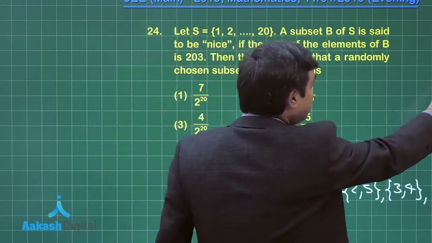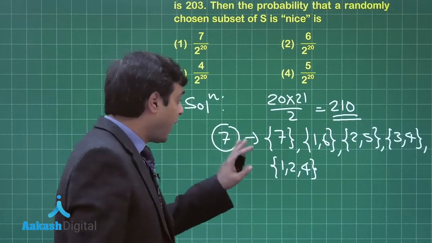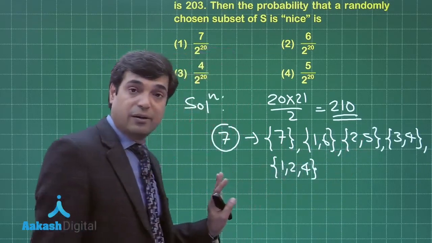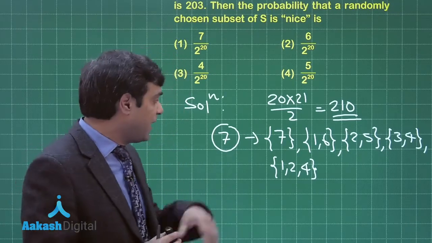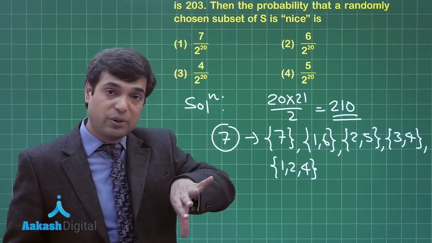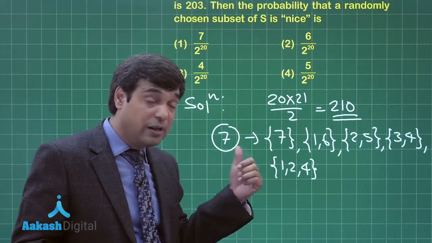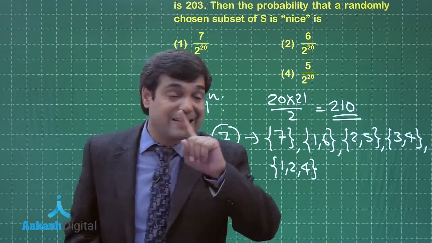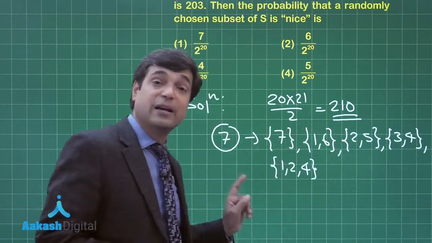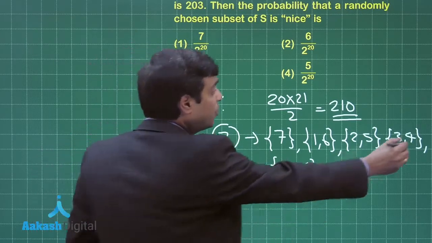So in such cases you find it is not nice at all. Now you are looking for sum 203. If element 7 is not there, it will be 203. If elements 1 and 6 are not there, the sum will be 203, and so on. So in how many cases do you find sum 203? Yes, it is in total 5 cases.